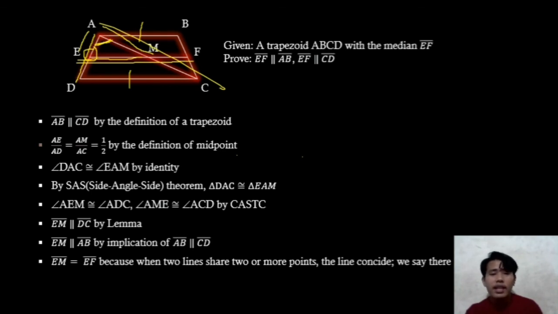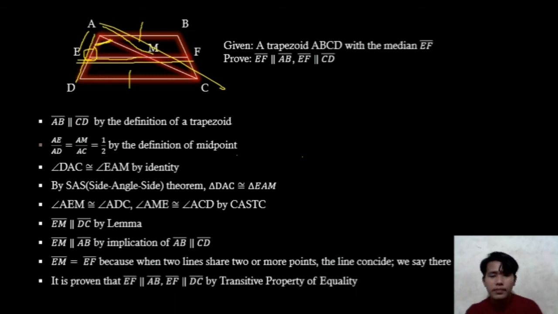So that's why EM is equal to EF. So now it's proven that line segment EF is parallel with line segment AB, and line segment EF is parallel with line segment DC by transitive property of equality.